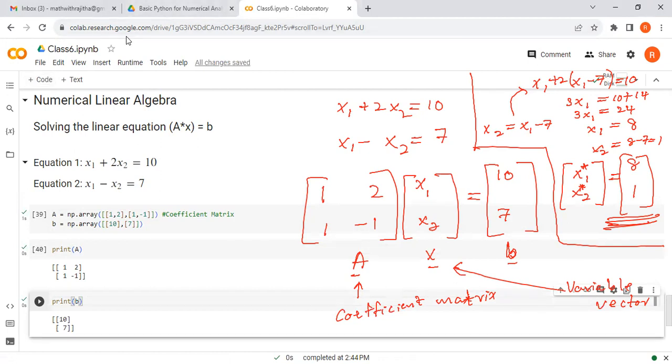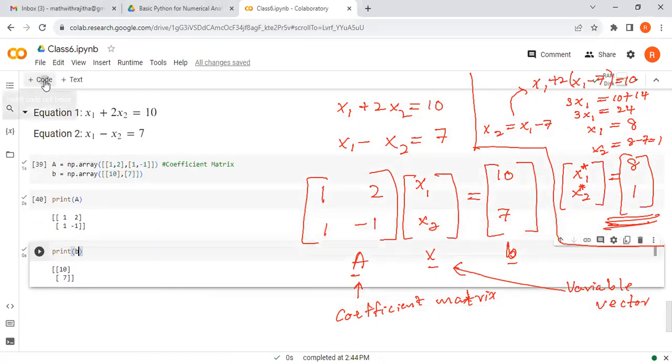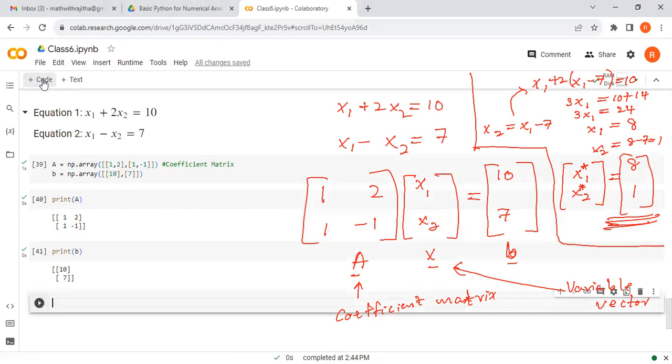Next, we can use the linear algebra module in the NumPy module, and we can use the solve function in the linear algebra module.